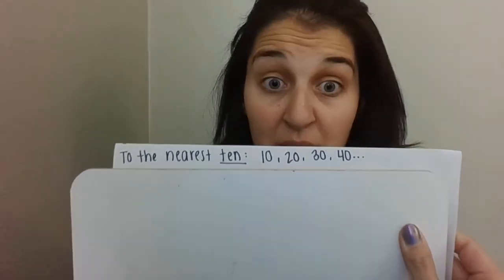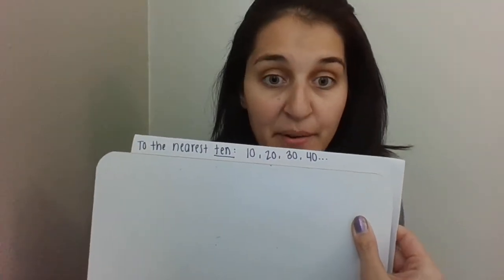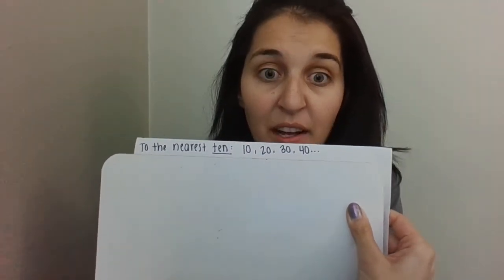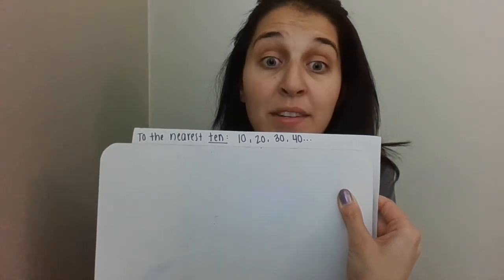Okay, now before we get into some practice, when you round, you're going to round to the nearest whole number for whichever digit you're asked. So what that means is if you're asked to round to the nearest 10, your answer is going to be 10, 20, 30, 40, 50, 60, 70, 80, or 90. But notice, everything in the ones place is a 0, because that's the nearest whole 10.